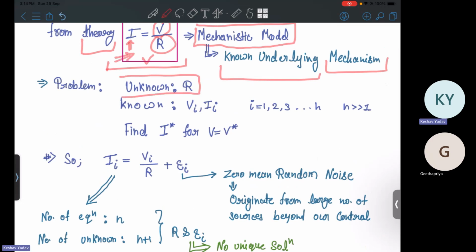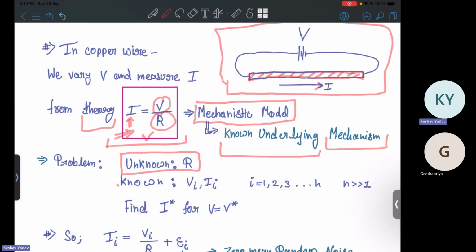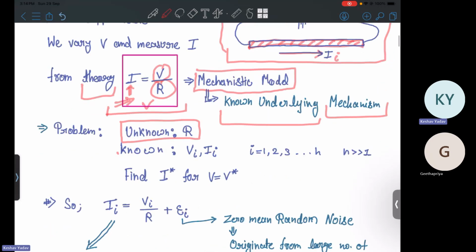R is unknown. And what is known? Suppose we have done the experiment for different voltages V_i and we have measured the currents I_i. So what is known is V_i, the voltage difference that we have applied, and the measured current I_i.